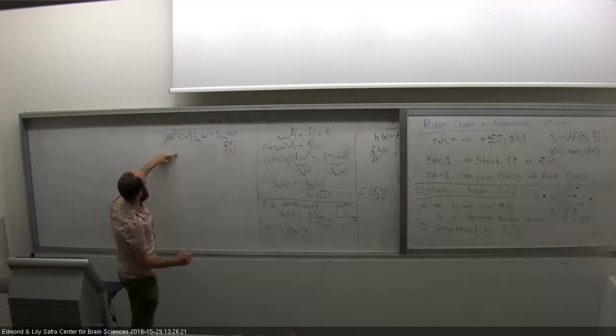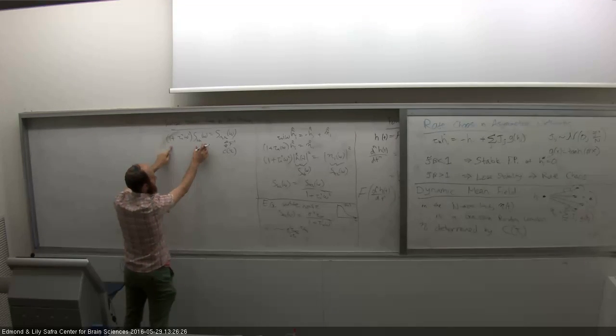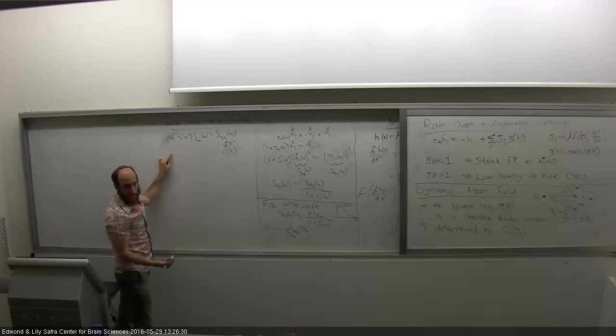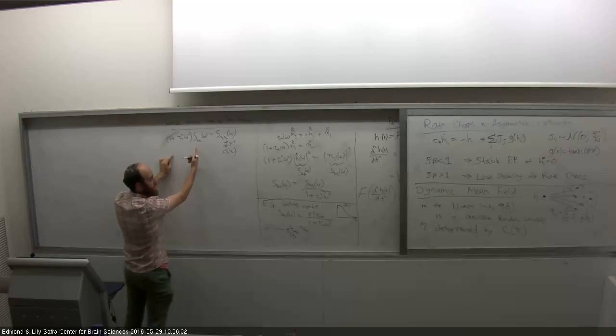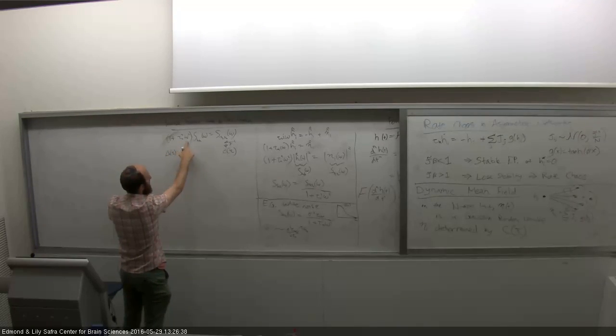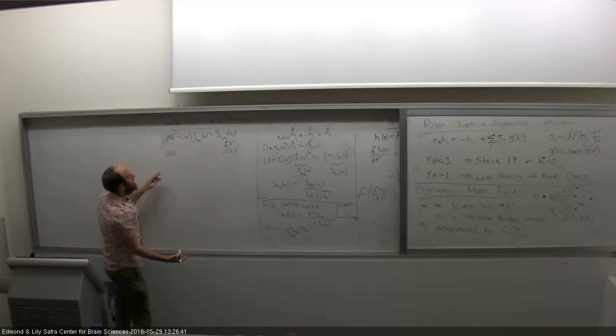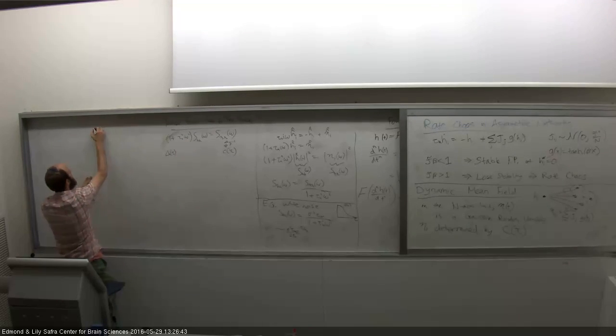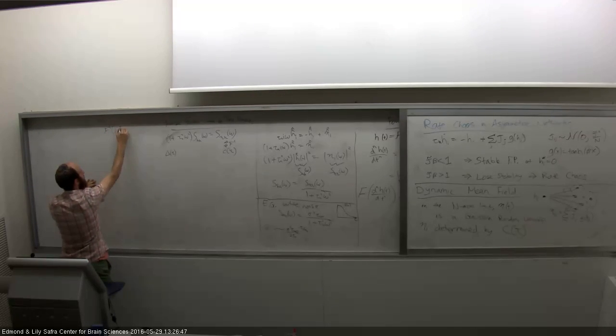Now we take the inverse Fourier transform over here. What do we have? We have 1 times S_h of omega. That term just gives us the correlation function of h, which we call delta of tau. But now we have this tau h squared times omega squared times S_h of omega. So what we want is an inverse Fourier transform of omega squared S_h of omega.